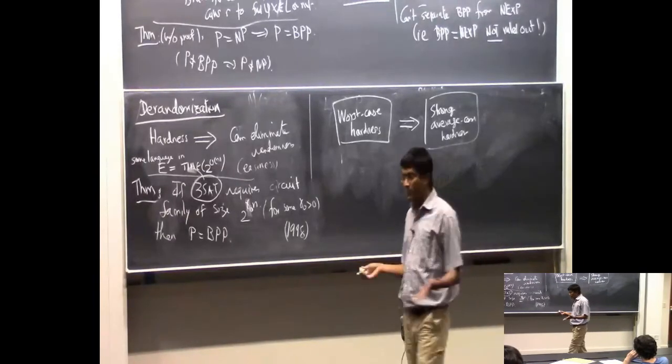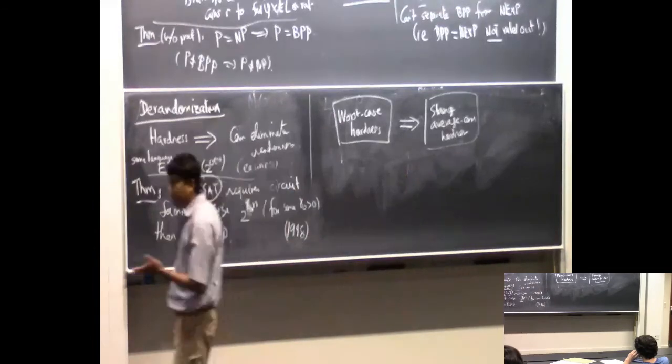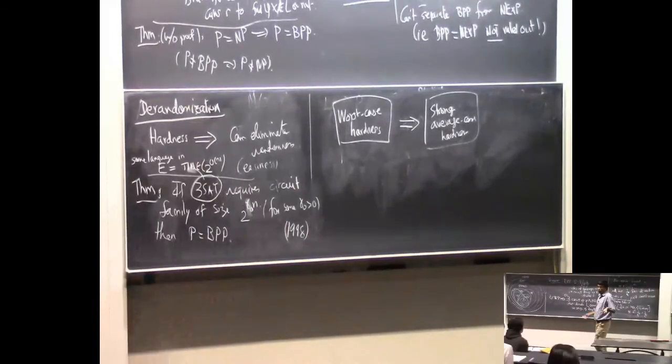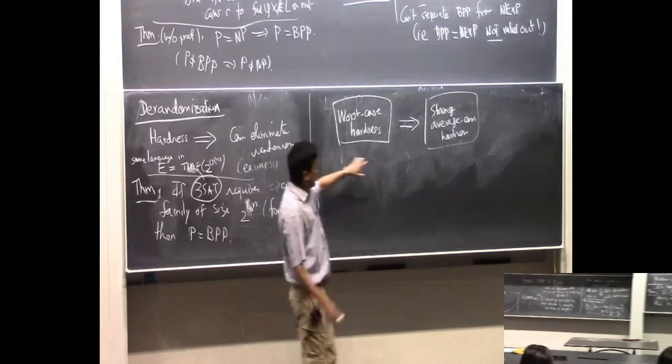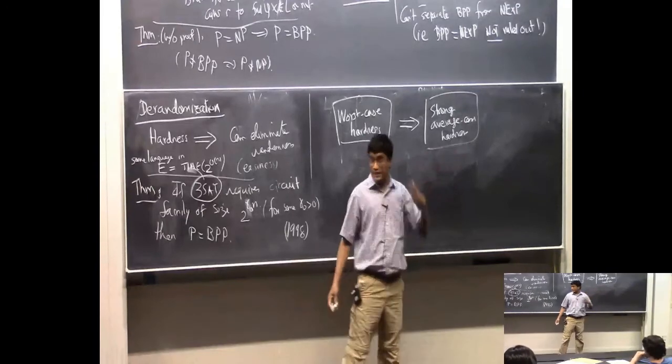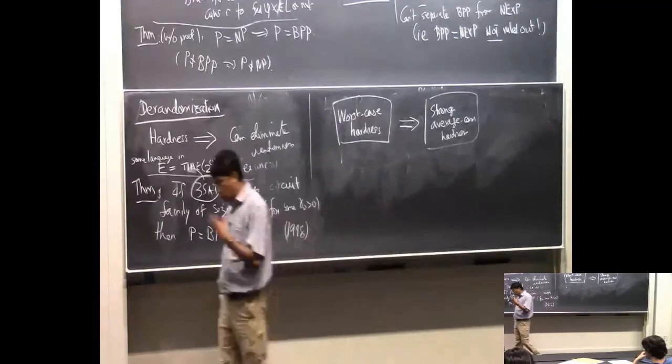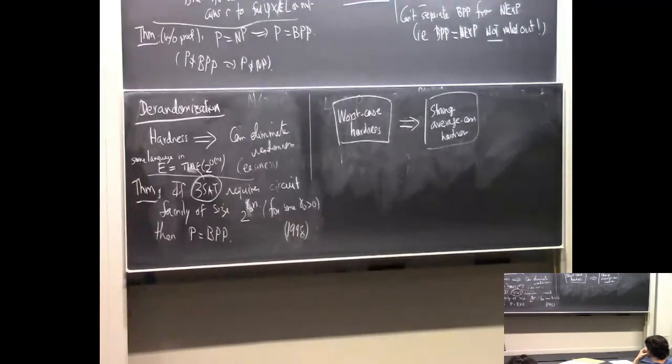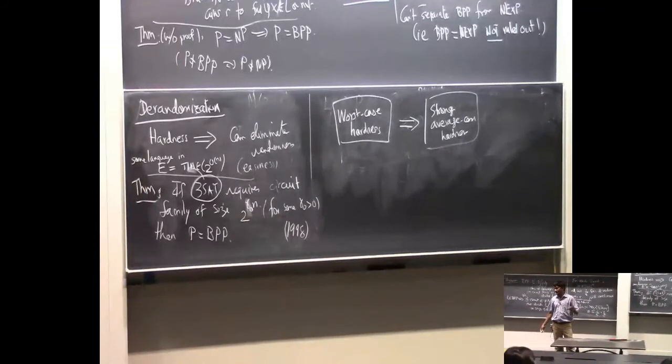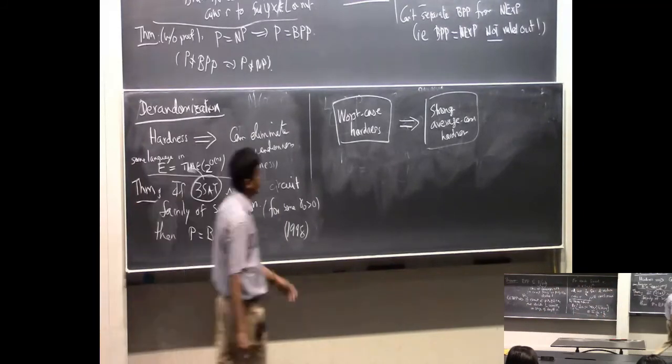For any problem you can get the answer correct with probability half by simply guessing yes or no randomly. So half is trivial. Basically you can amplify the hardness from worst case to average case and say that really there are problems in E which are so hard that if you give me a huge circuit, it is basically as bad as random guessing. So that's how hard these functions are. Okay, that's the first step.